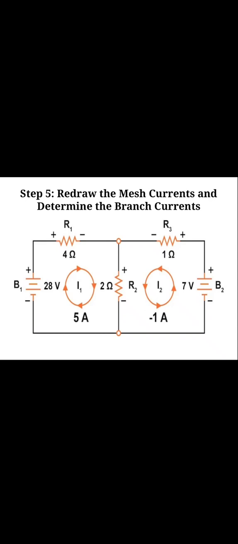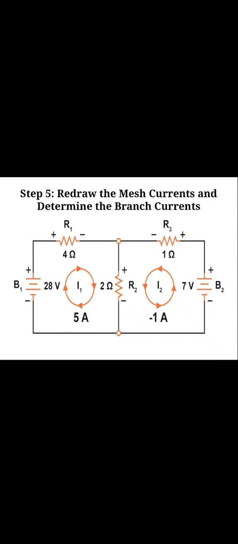Finally we can redraw the mesh currents, determining the branch currents. Like this we can redraw the values. The I1 current value is 5 ampere and the I2 current value is minus 1.